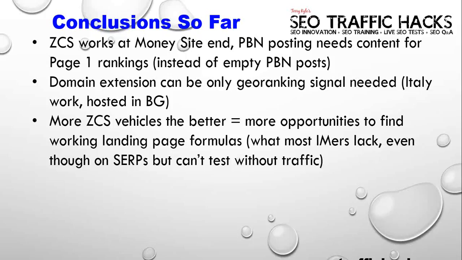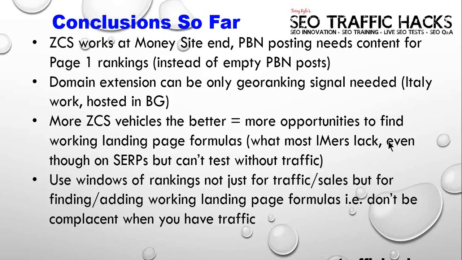But there's nothing as strong as actually having your own traffic coming to your own sites to really quickly see what is and isn't working. So if you can, the more zero content SEO vehicles, the better. But you can get away with 5. A 5-pack could be perfectly fine, but if you can have more, that's better.